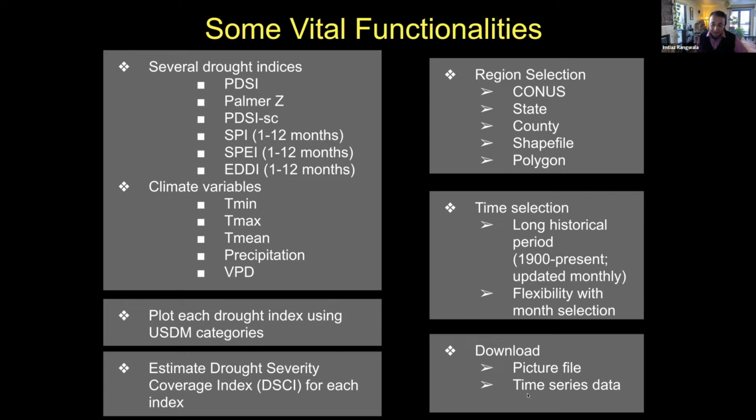Ability to, again, download time series data and image files. We also introduced, later on in the development process, the ability to plot these different drought indices in the US Drought Monitor categories, and I'll describe that more in a bit.